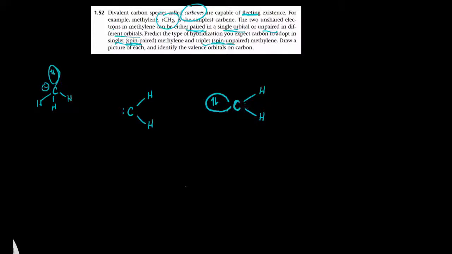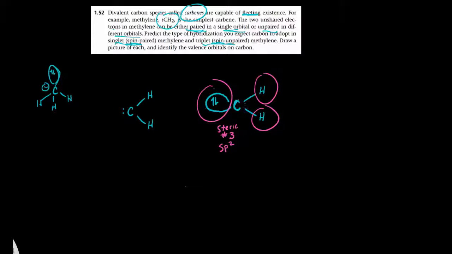So this is, I'll just put this in a different color, 1, 2, 3. If there are 3 things attached to this carbon, that means it has a steric number of 3. That means it's sp2 hybridized.